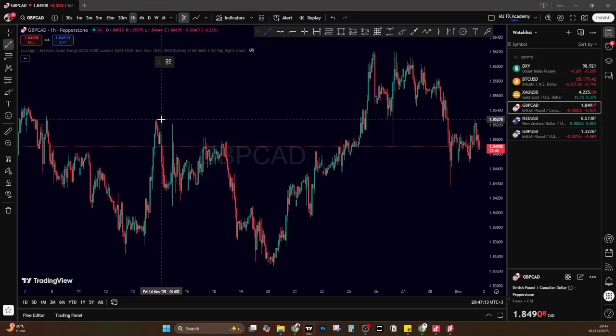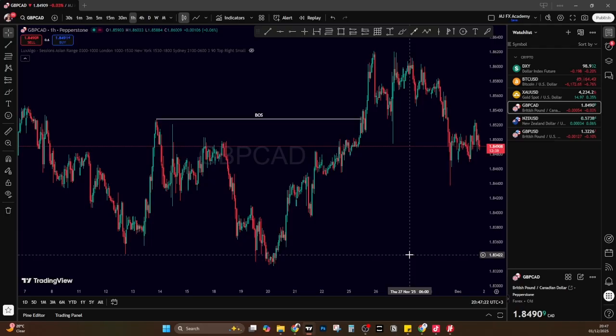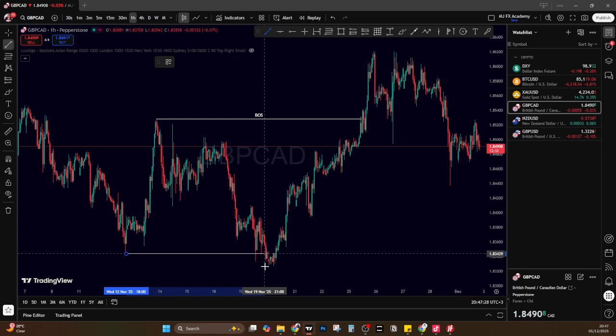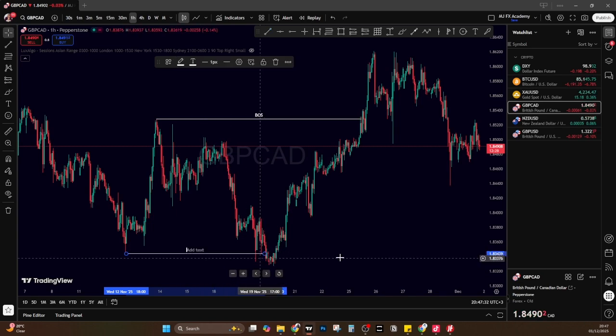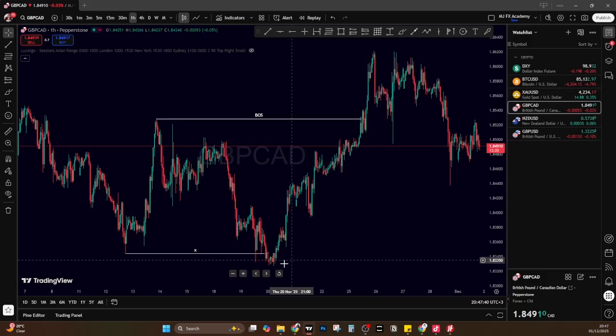Now if you look at this, there was a break of market structure. Now Hillary, look at this here. The market did what? Took liquidity. That was liquidity that was taken. So what does that tell you? Every time the market takes liquidity, it has no business coming back here.